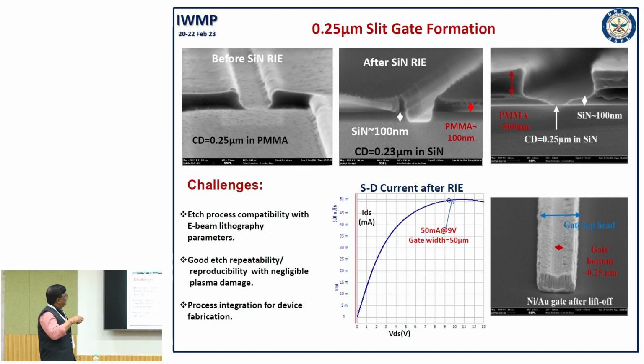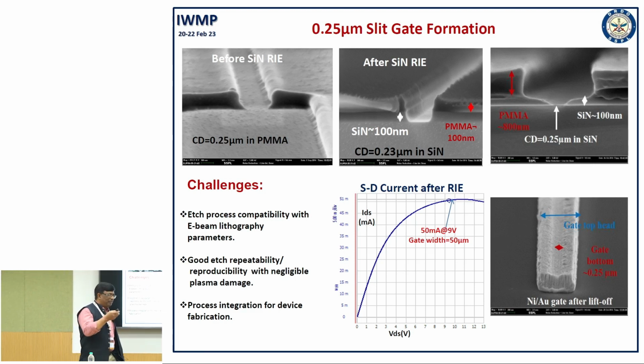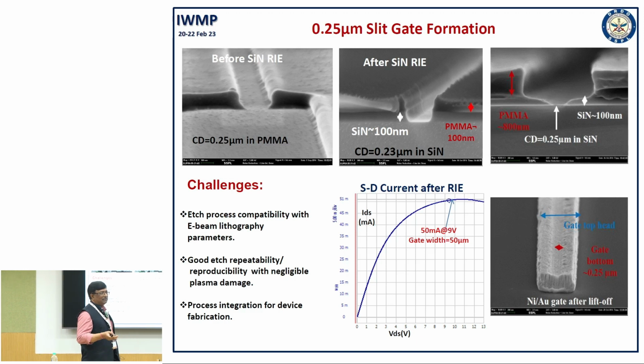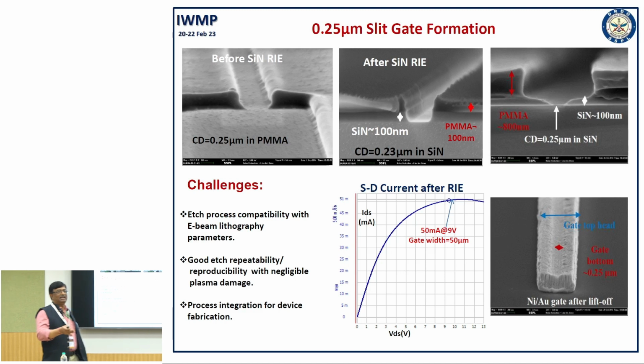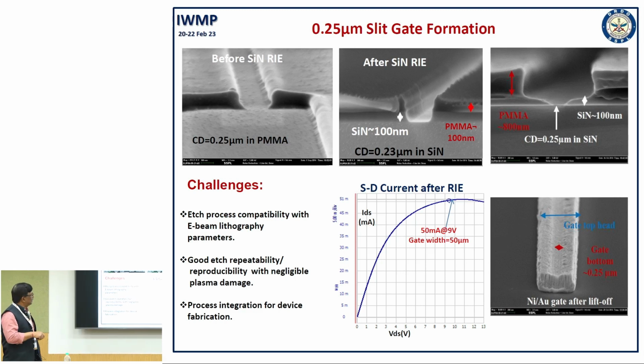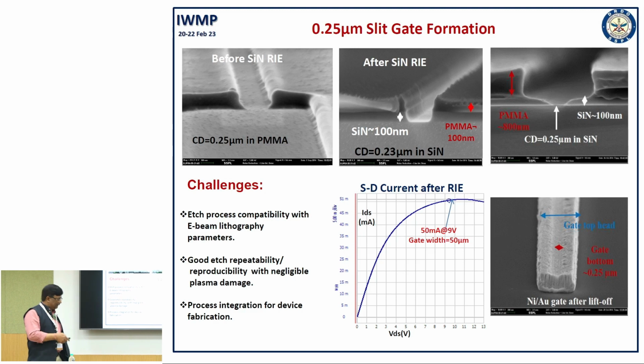This silicon nitride etching process is very critical here, because you are bombarded. This etching is normally carried out by plasma processes, and bombardment can damage the gate area. So, your plasma parameters should be selected in such a way that there is no damage on the surface, and that damage can be measured by measuring the source drain current. So, before etching and after etching, you can measure current and see the extent of damage on the surface.